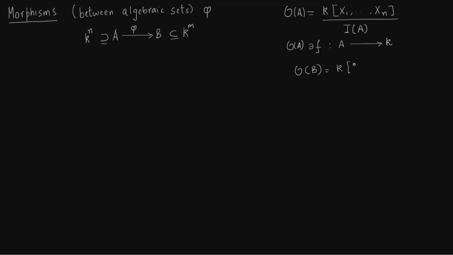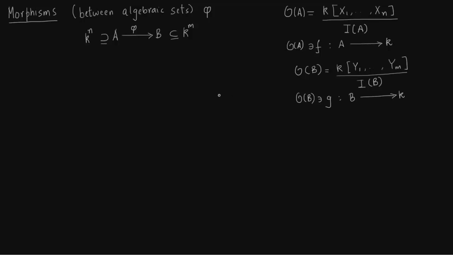Similarly with O of B, it is a subset of K^m. So we have y1, y2, y3 all the way to ym over the ideal of B. Similarly, we will characterize the functions of this ring. These functions, say g, act on the set B and take it to the field K. Obviously, if the function g lies in the ideal of B, it will map to 0.